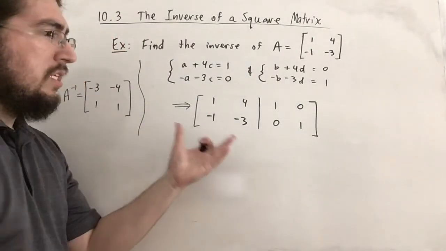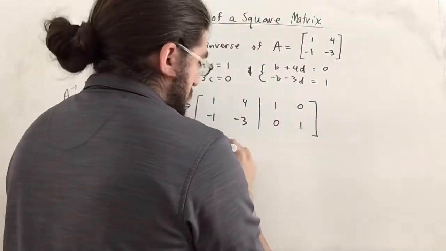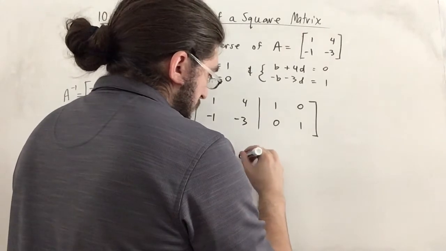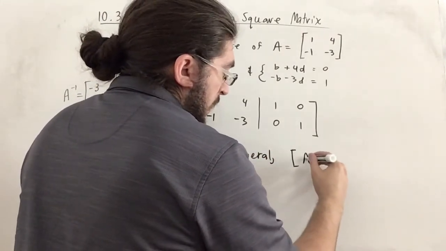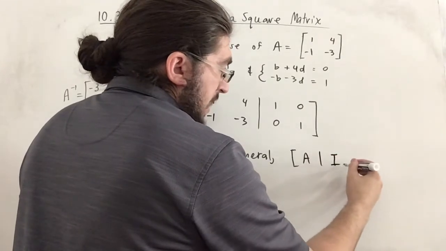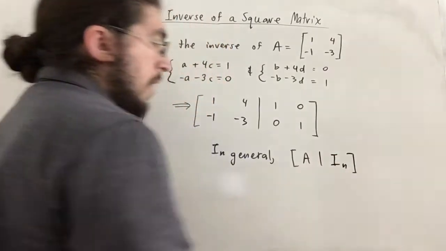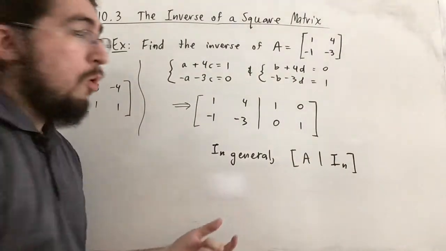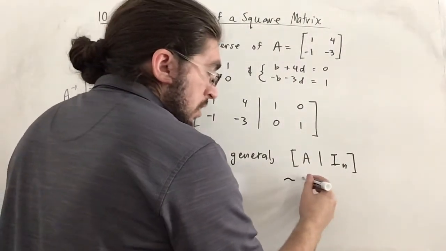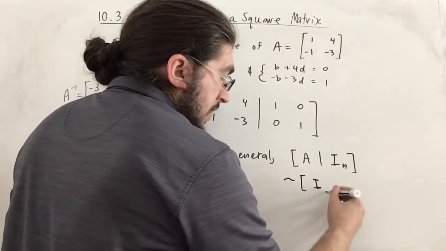And what this really tells us is that in general, we can start with A and the n by n identity on the right like this. Then what we want to do is apply row operations until we get the identity on the left.